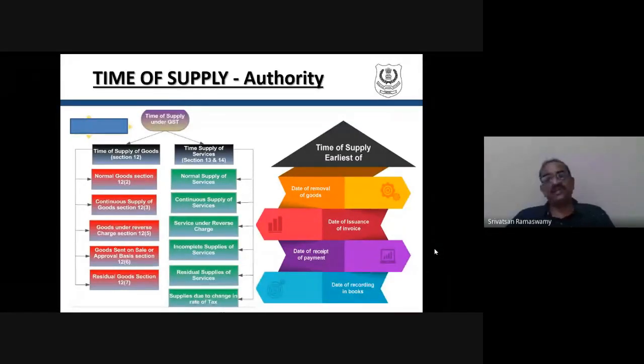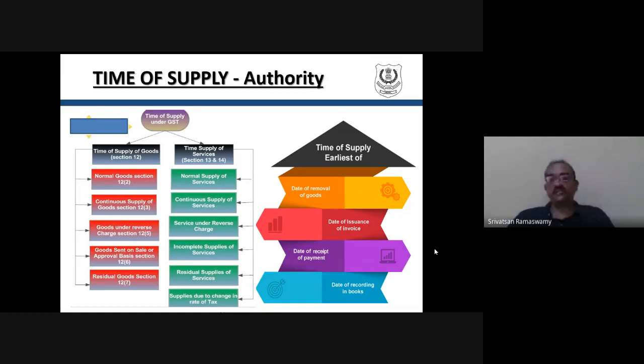Whereas under service tax as well as under GST, the taxable event need not happen. But if there is an agreement to provide or supply that service or goods, then that becomes the point where the taxable event is deemed to have occurred, and that will be the point at which the liability will have to be discharged.